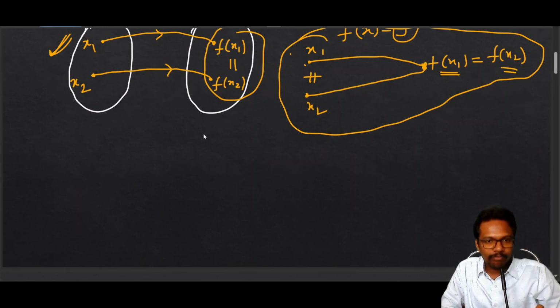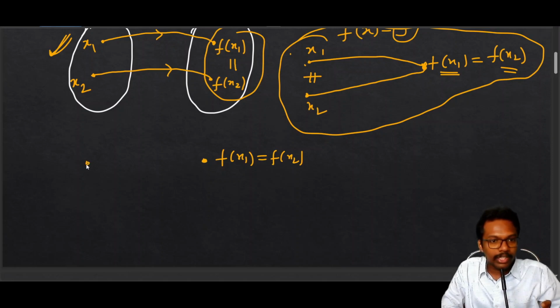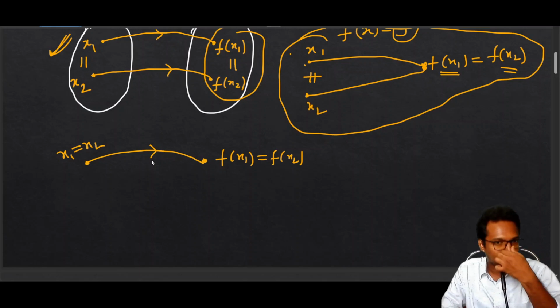So when I made f of x1 equal to f of x2, when these two points become one point, then automatically x1 and x2 will also become equal, meaning x1 equals x2, and then there will be a 1 to 1 mapping.